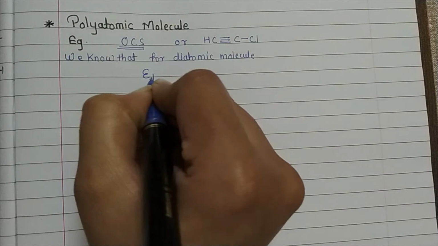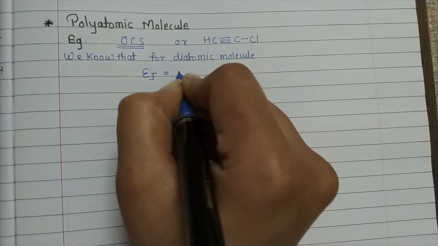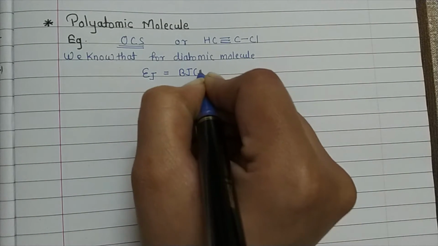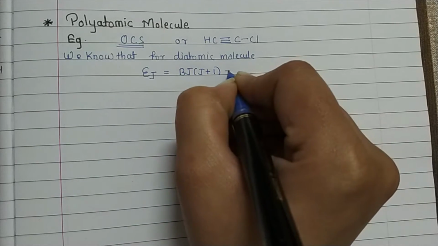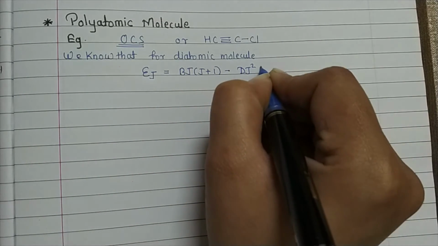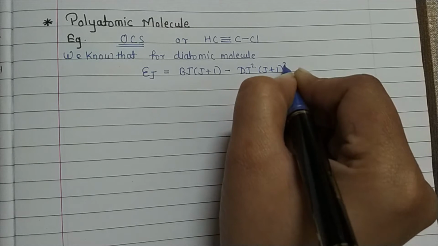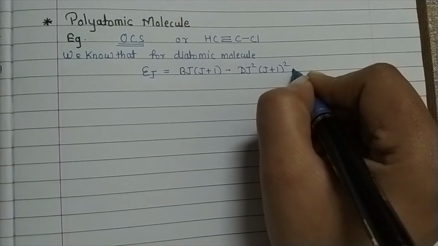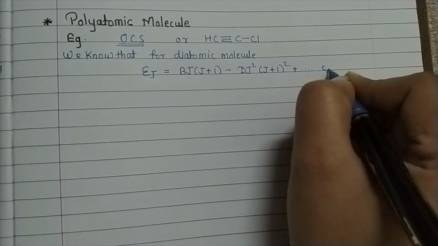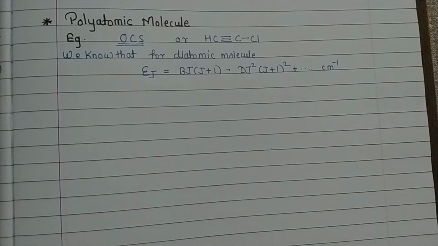So epsilon J is equal to B J into J plus 1 minus D J square into J plus 1 square plus ... centimeter inverse.